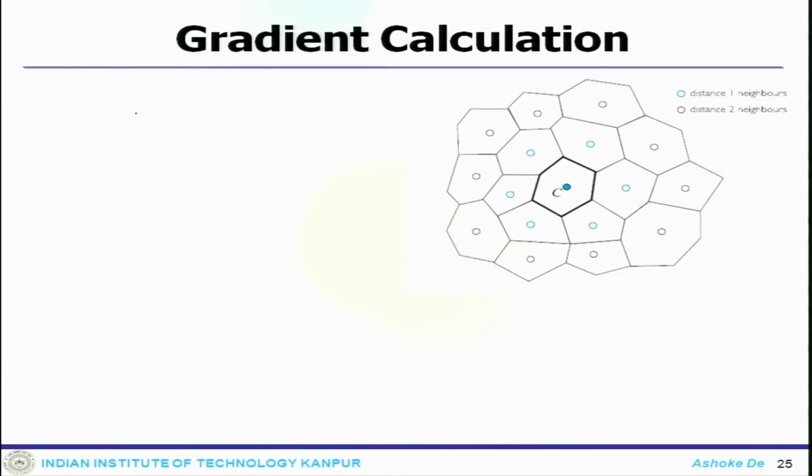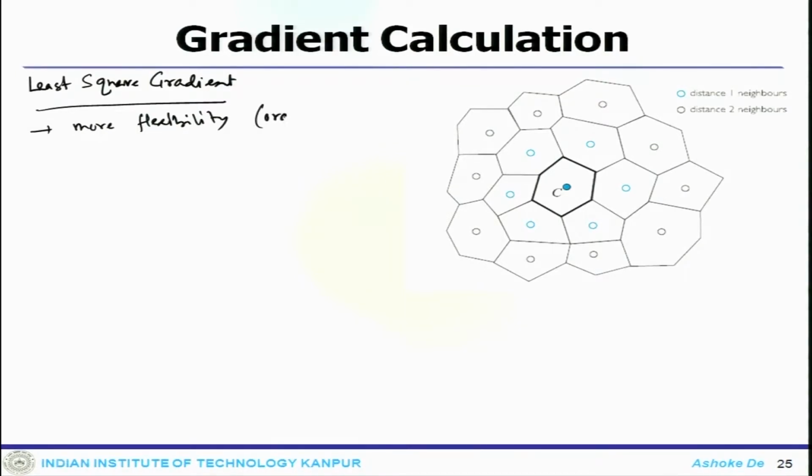Now, we can move to another option, that is least square gradient calculation. This is another option, and the least square method actually offers more flexibility with regard to the order of accuracy. The order of accuracy is also slightly better or higher compared to the others.